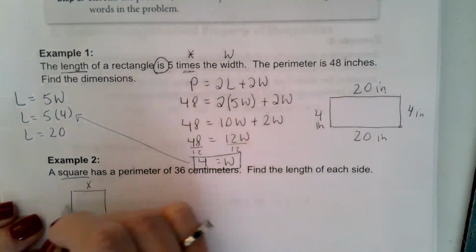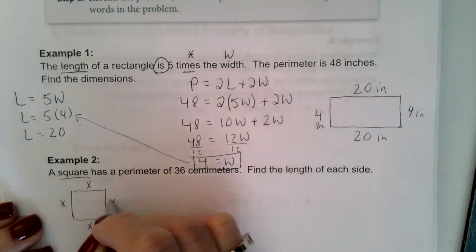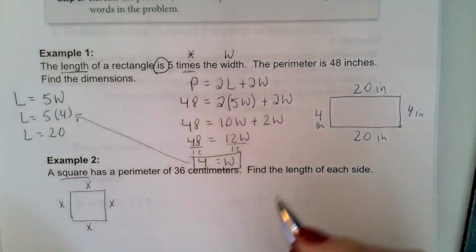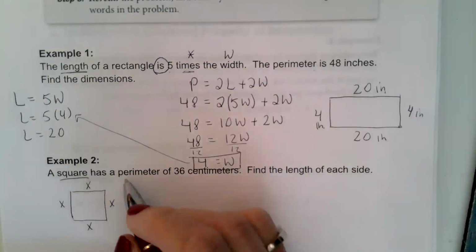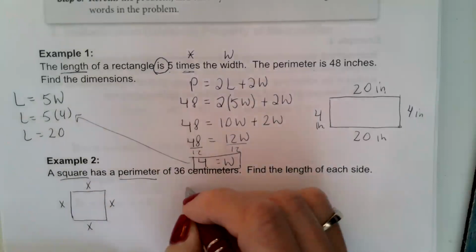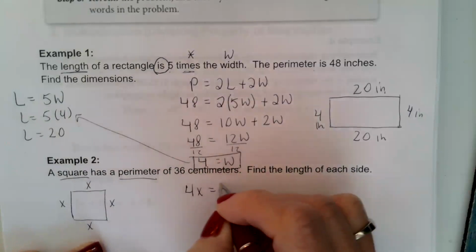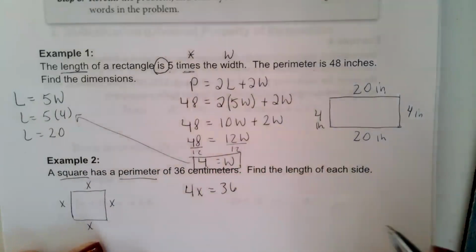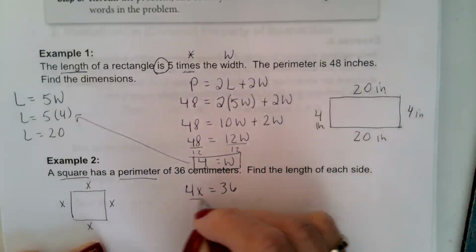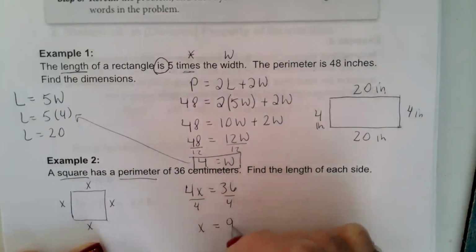Because they're all the same size, we can call them x, x, x, x. And so we know on perimeter, we're talking about the distance around. So we know that 4 of the x's equals the perimeter of 36 centimeters. And so if we divide by 4, we can see that each side must be 9 centimeters long.